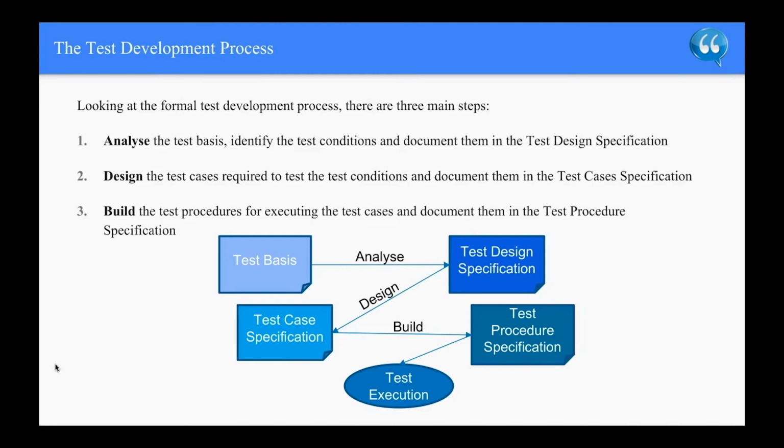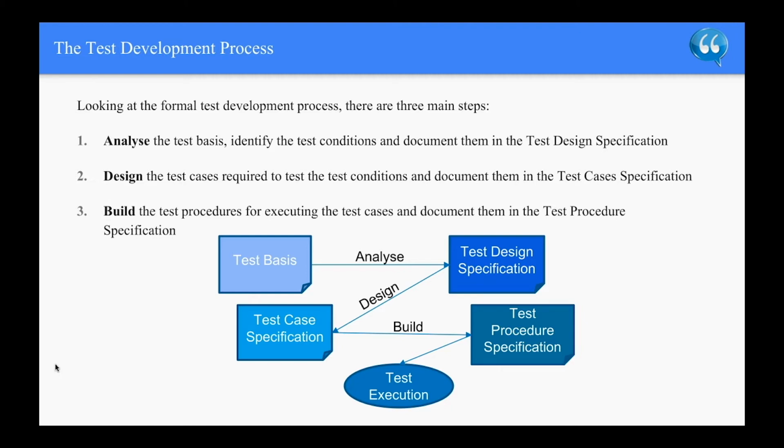So on the test development process, looking at the formal test development processes, there are three main steps. Analyze the test basis, identify the test conditions, and document them in the test design specification. Then design the test cases required to test the test conditions and document them in the test case specification.